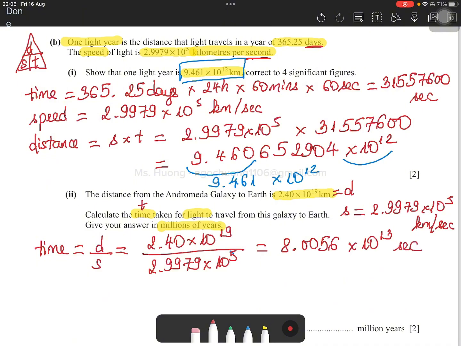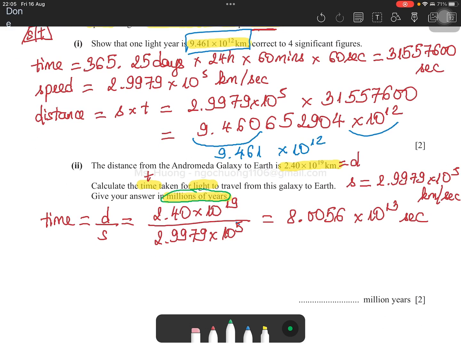But the question asks you to give your answer in millions of years. You know that 1 year is 3,155,600 seconds.